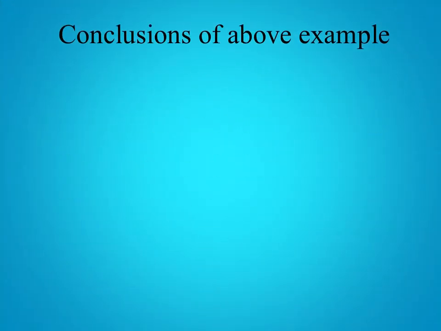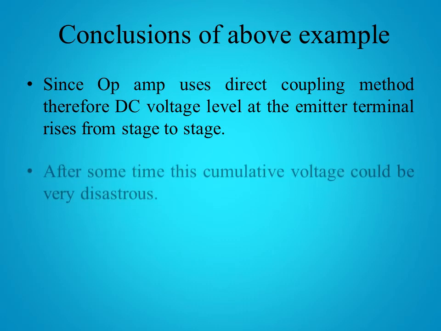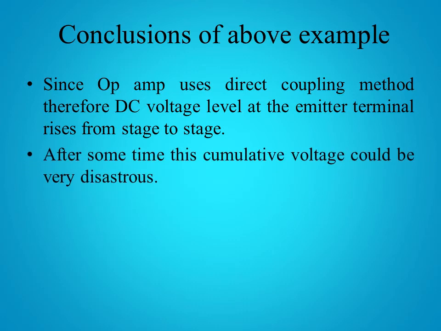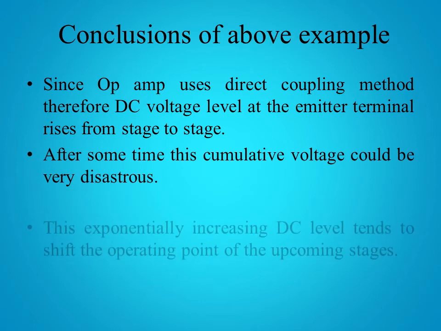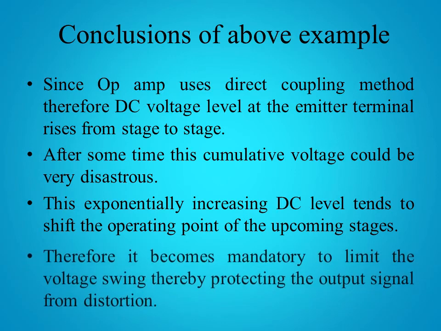So what do we conclude? Since the op-amp uses the direct coupling method, the DC voltage level at the emitter terminal rises from stage to stage. After some time, this cumulative voltage could be very disastrous. This exponentially increasing DC level tends to shift the operating point of the upcoming stages.